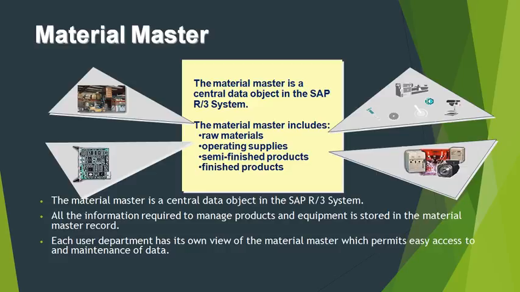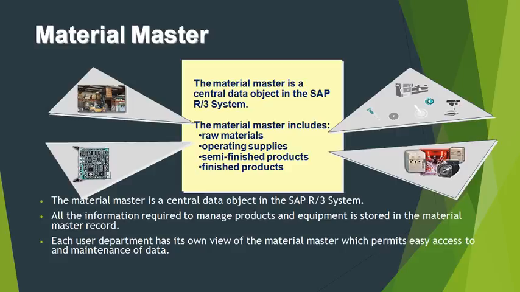Material master initially contains all the information about the material, like planning data, costing data, sales data, quality data. It is just like a central object in the SAP system. All the information required to manage a product and equipment is stored in the material master record, and each user department has its own view of the material master.